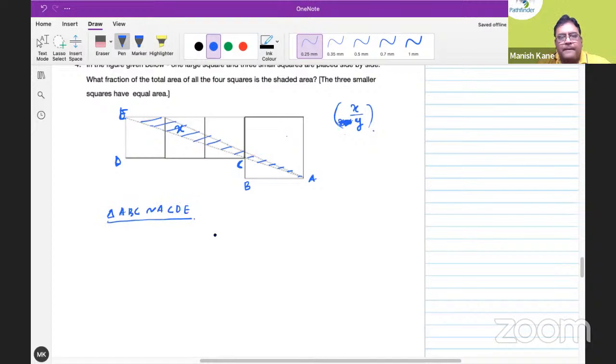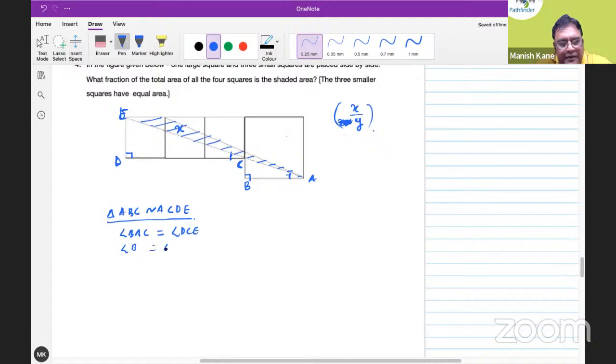Why is it similar? Because these are right angles. And this angle is going to be the same. Why? Because AB and CD are parallel to each other, and this is the same line. So these two angles are going to be the same. So angle BAC is going to be equal to angle DCE.